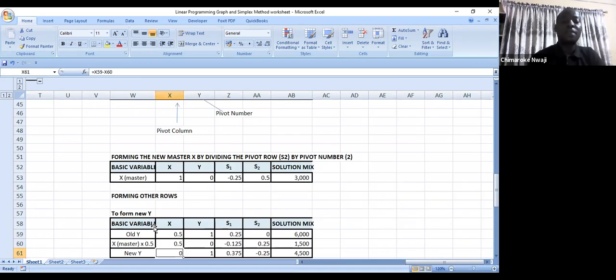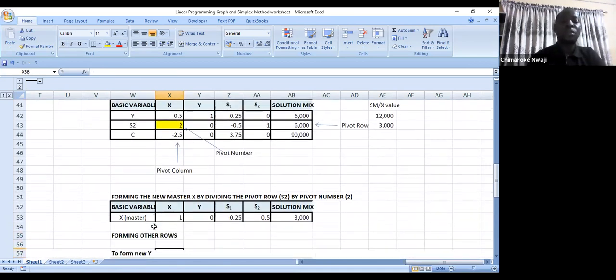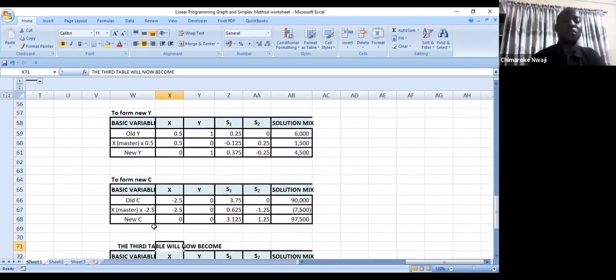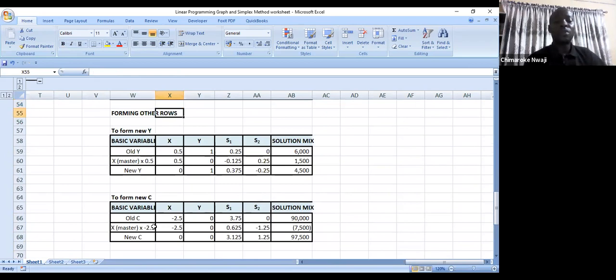So we use 0.5 as our pivot number, below or above. Okay, so when we do that, that's how we got our 0.5. So we use 0.5 to multiply every one of the things you see in the master rule. And so that is what gives me this, this, this one, and this.